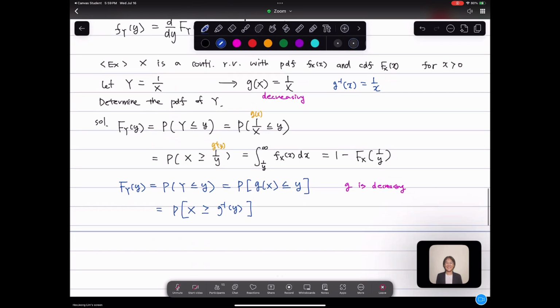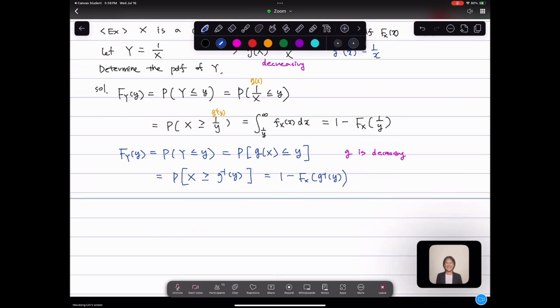It's about the CDF: it's 1 minus F of X, evaluated at g inverse of y in general. So when I get my PDF, I have to take the derivative. So f of y is the derivative of your CDF, big F of y, which is the derivative of this whole function, which in this case is 1 minus F of X at 1 over y.